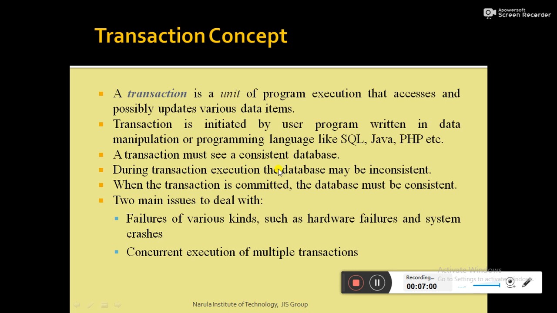The moment you click the button check balance, at the back end the database management system will execute a program, and that program will access his or her account details, check how much money a person has, and then display the exact amount. So in the backend, a program unit which is termed as transaction accesses the account of that person and reads the amount the account has, and it displays the result to the user. So it's also an example of transaction.